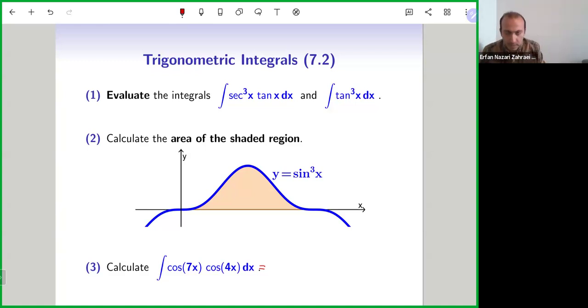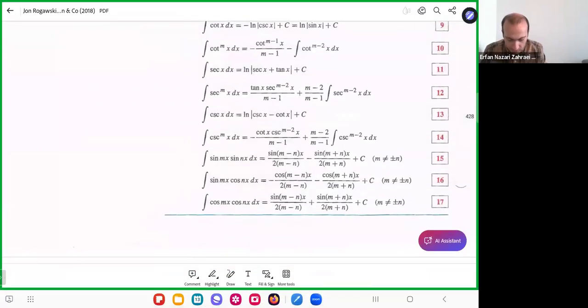Yeah, that's this. The formula says that we have sine of m minus n, sine of 7 minus 4, x, over twice the same number, 7 minus 4. Let me show you the formula again. It's just formula number 17.